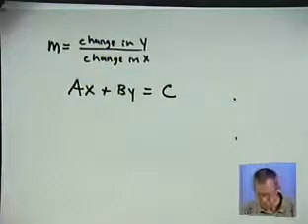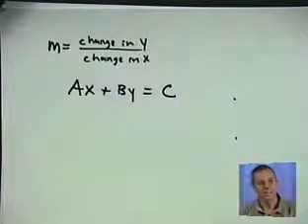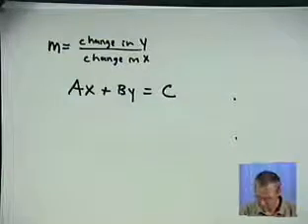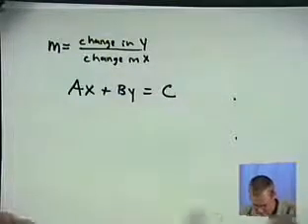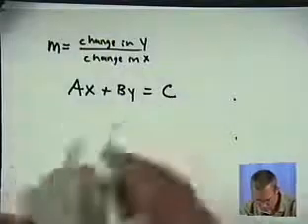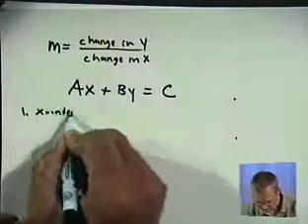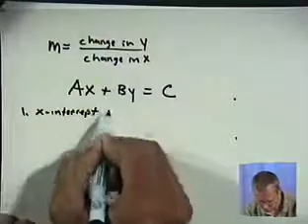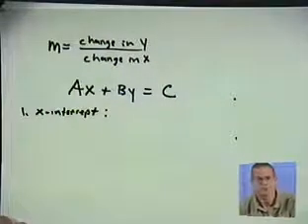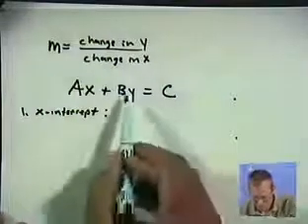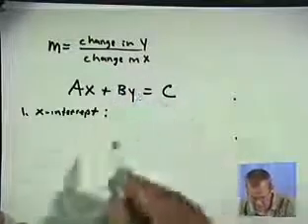Well, if we remember from the lecture on graphing linear equations using intercepts, we could easily find the y and x intercept. So that's what I'm going to try to find here. I'm going to find point 1 to be the x-intercept. Now, to find the x-intercept, we set the y term equal to 0, and we solve for x.